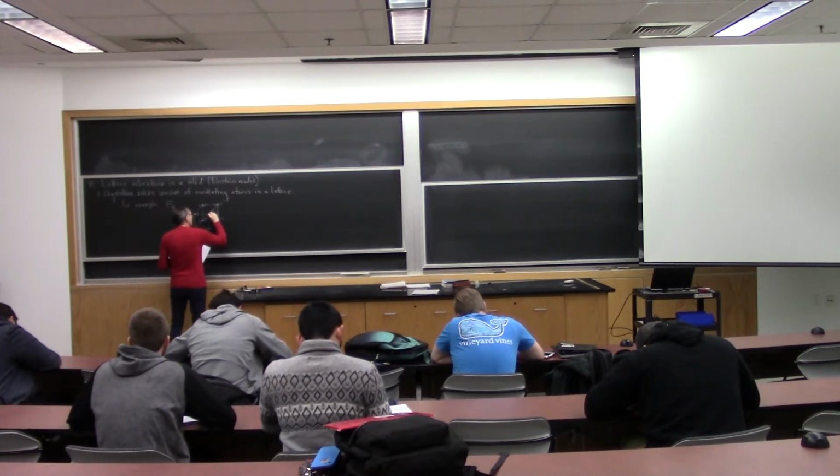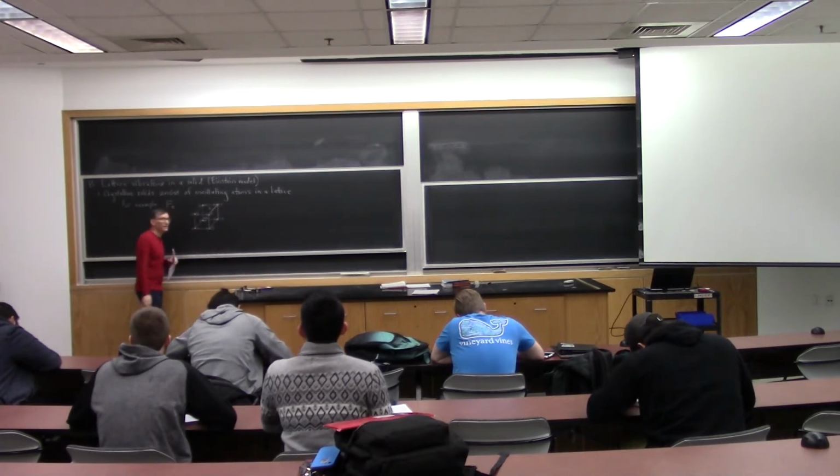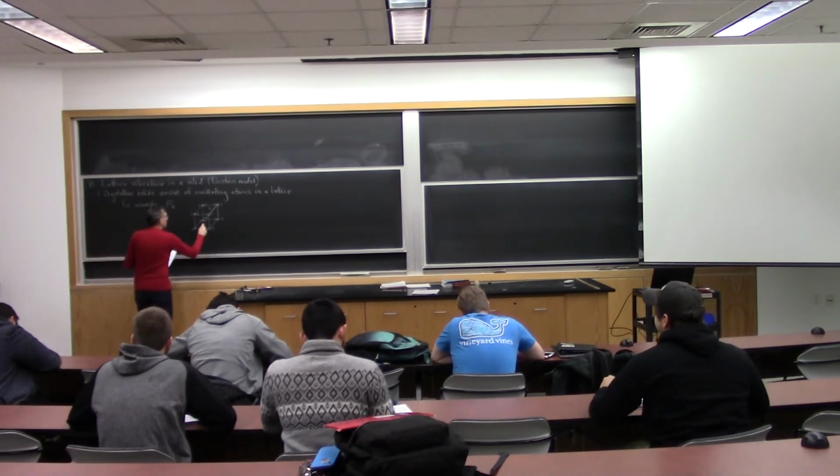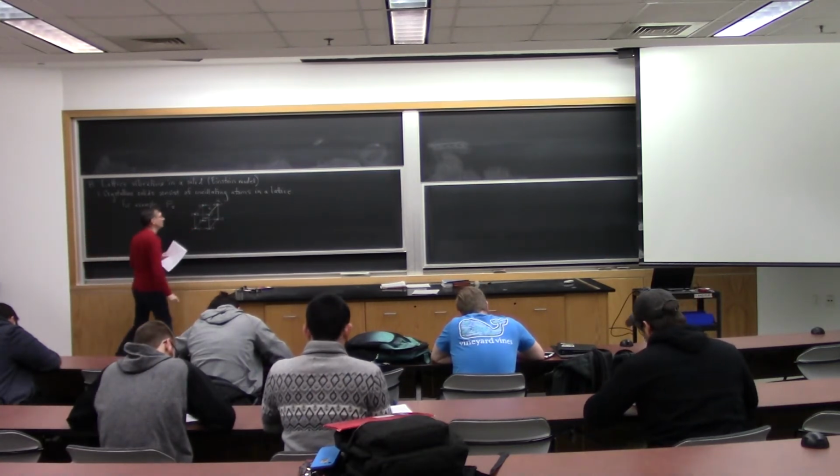And the bonds between neighboring ones, like this line represents, have some effective spring constant, I'll call K sub S. And of course each atom has some mass m.